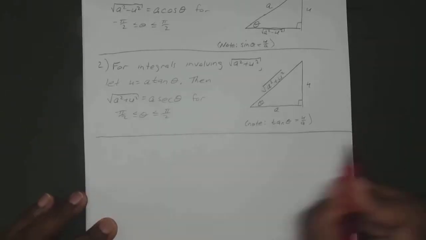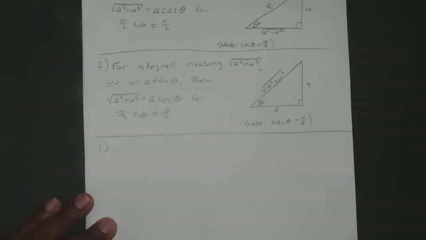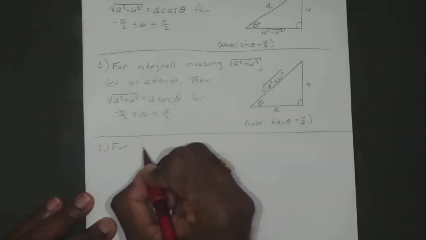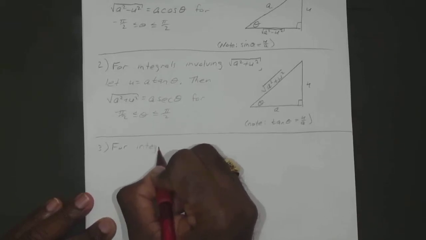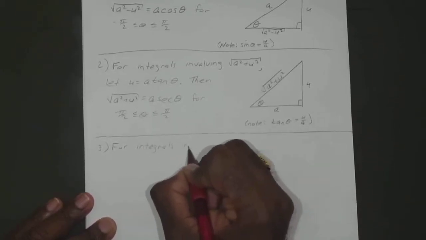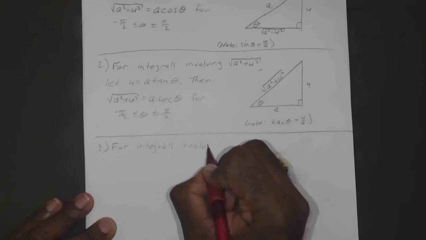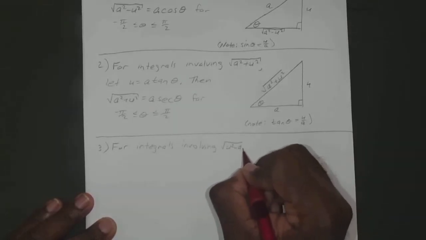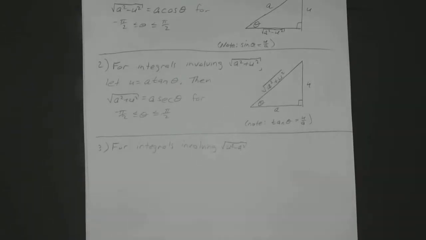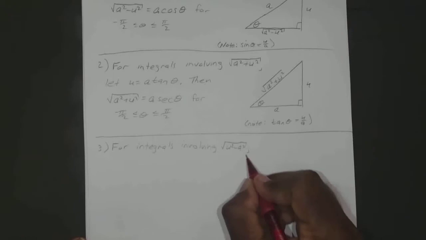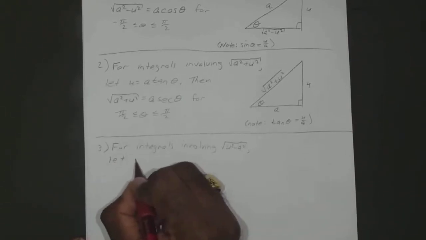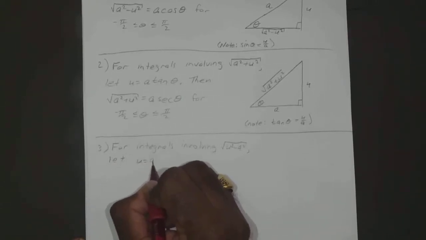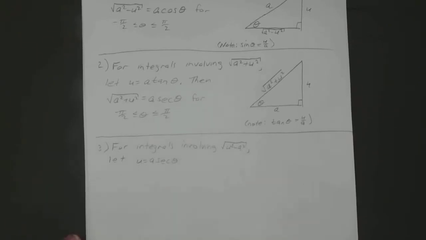Now we do the very same thing. But what if we have integrals involving the square root of u squared minus a squared? Before it was a squared minus u squared, so if they're switched around, it's a little bit different. Then you're going to let u equal a secant theta.